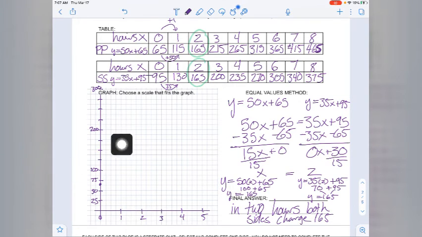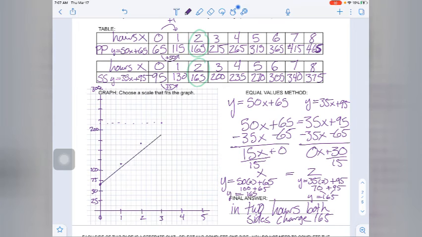And then after 1 hour, we are at 115. So 1 hour here is just a little bit more than halfway between 100 and 125. And then 165 is going to be right about there, and 215 is going right across here, which looks like it's right about there.